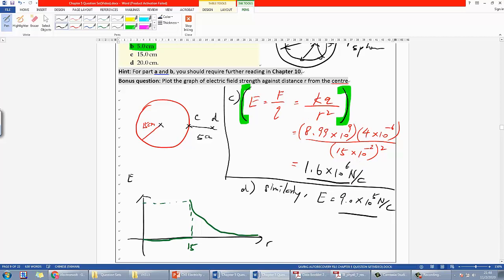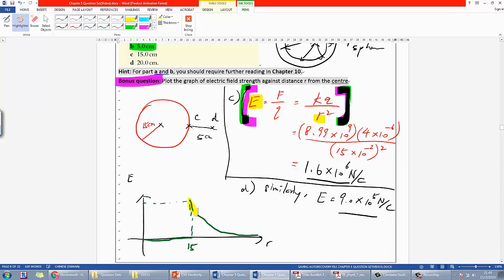It's nothing really special. But what I want you to do instead, you can see there's a bonus question asking you to plot the graph of electric field strength against the distance r. You can try to look at the equation here. We could have E as the y and r as the x axis, and you can see that E is inversely proportional to the square of r, like the quiz that you did in chapter 6.